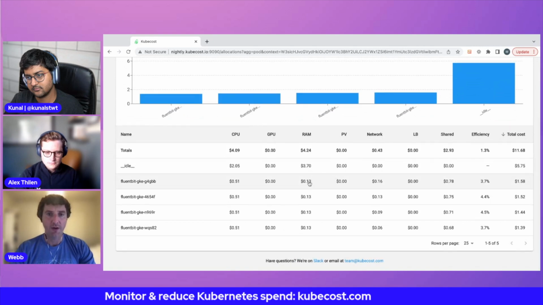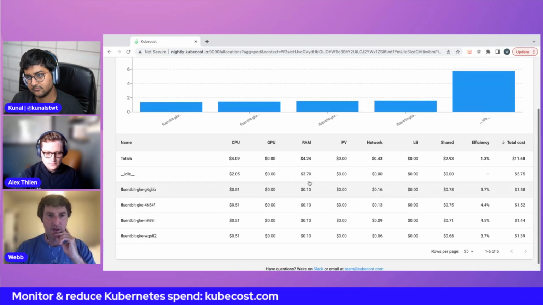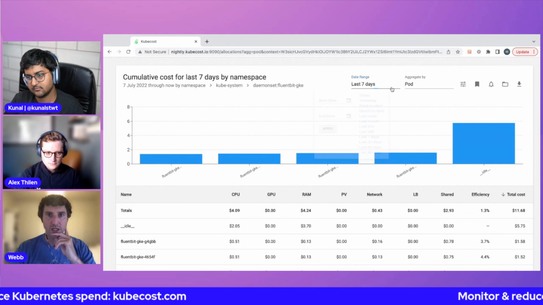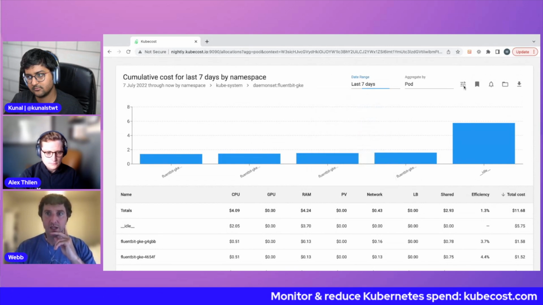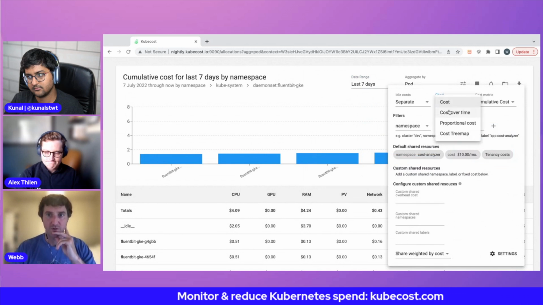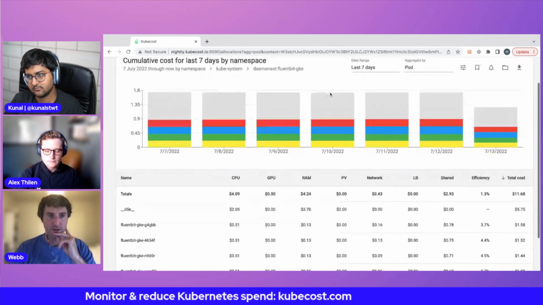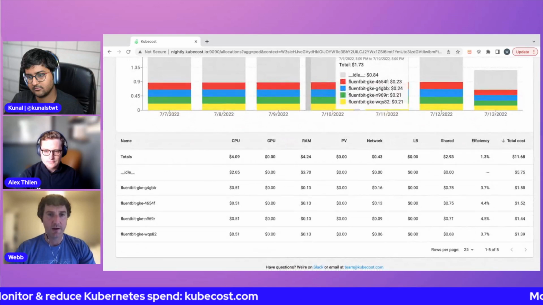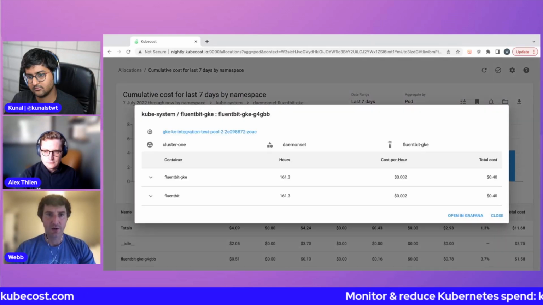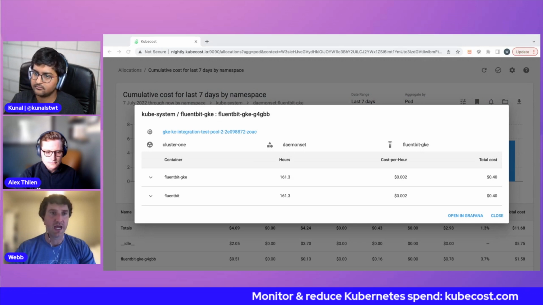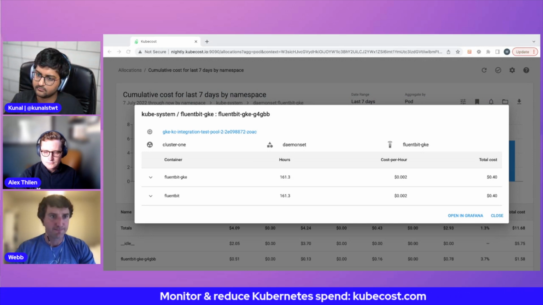We can go all the way down to the individual pods that we're running over this time window. We can look at this across any different dimension. We can look at it with cost over time or with actual cost itself, or total cost of this period. And then from here, I can actually go to the individual containers running in this environment, right?